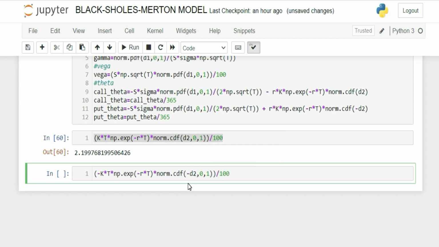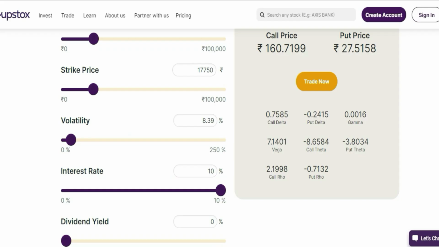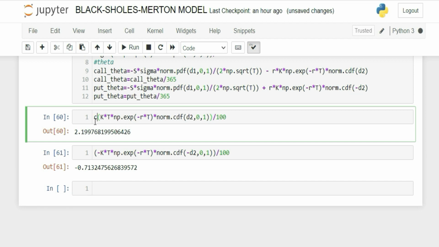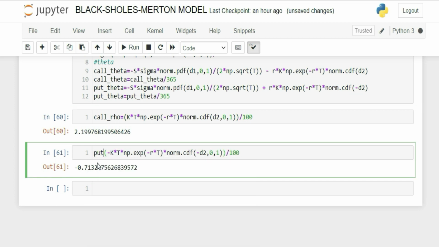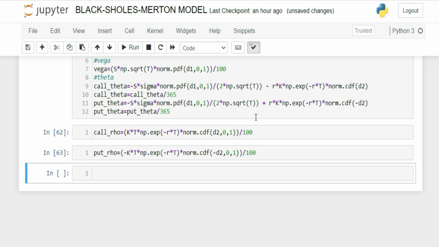So I hope this will give the put rho 0.7132. So 0.7132. So we have calculated everything. So this is my call rho and this is my put rho. Okay, so I got call rho, I got put rho.